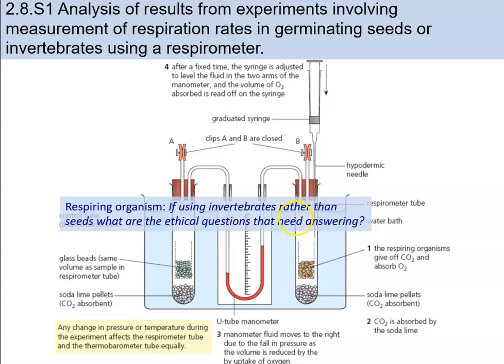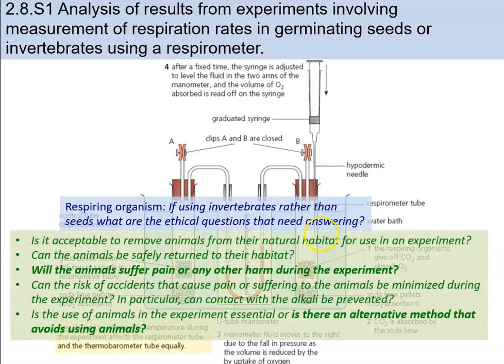Okay, I think I already explained this in the first slide. Respiring organism: if using invertebrates rather than seeds, what are the ethical questions that need answering? So many things. Is it acceptable to remove animals from their natural habitat for use in an experiment?